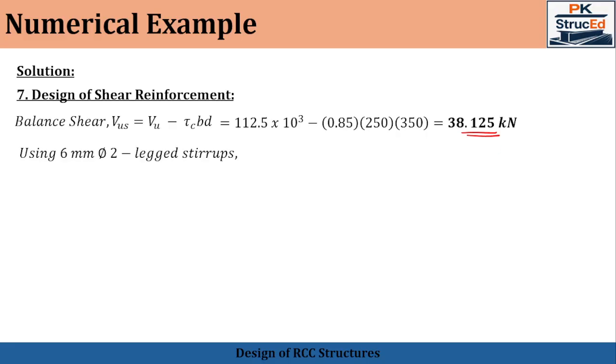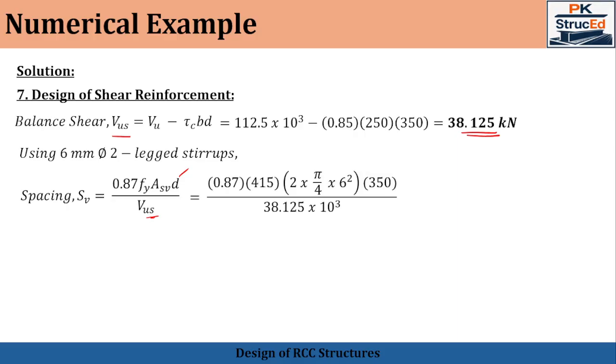Now assuming 6 mm dia 2-legged stirrups, the spacing of the stirrups can be calculated using the relation 0.87 Fy ASV D divided by VUS, in which VUS is the balance shear, Fy is the characteristic tensile stress, ASV is the area of the vertical steel, and D represents the effective depth. Substituting those values, we will get the spacing as 187.4 mm.